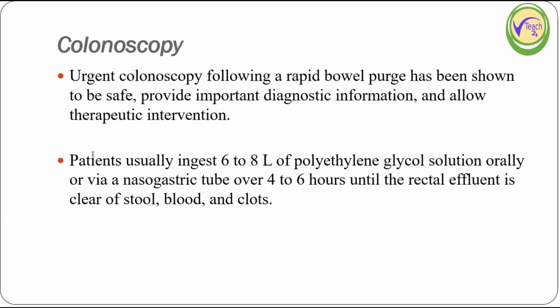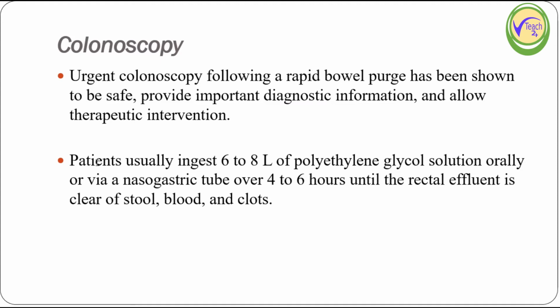How to cause a rapid purge? The patient usually ingests 6 to 8 liters of polyethylene glycol, under the market name of Movicol solution, orally or via NG tube over 4 to 6 hours until the rectal effluent is clear of stool, blood and clots.